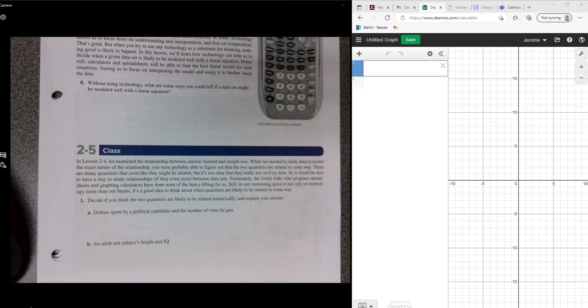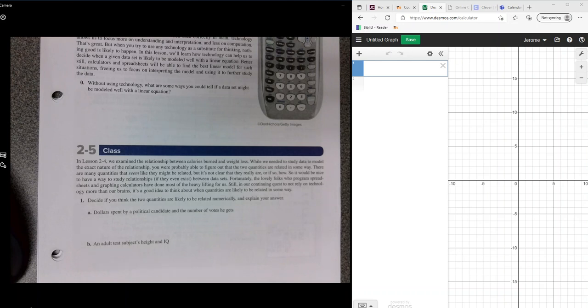So it would be nice to have a way to study relationships, if they even exist, between data sets. Fortunately, the lovely folks who program spreadsheets and graphing calculators have done most of the heavy lifting for us. Still, in our continuing quest to not rely on technology more than our brains, it's a good idea to think about when quantities are likely to be related in some way.